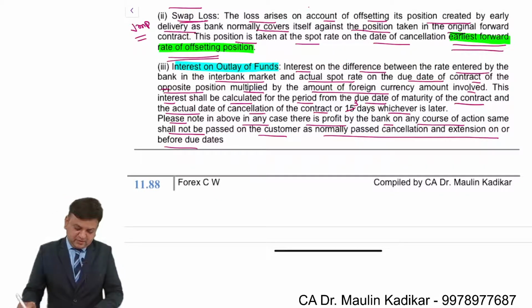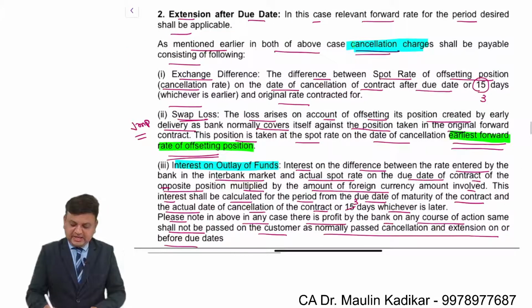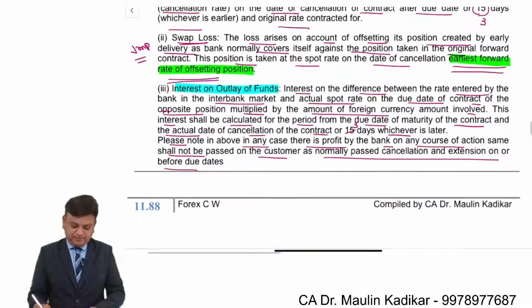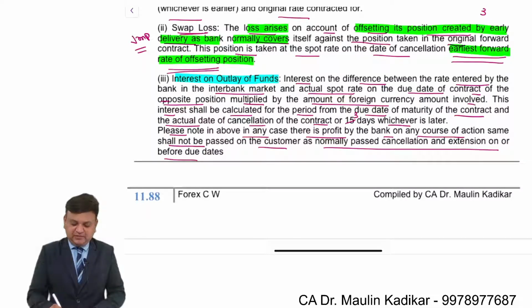See, over here information is provided to us like this: what is the amount that we are going to recover? The cancellation charges. In that, the loss arises on account of the offsetting position created by early delivery, as the bank normally covers itself against the position taken in the original forward contract.